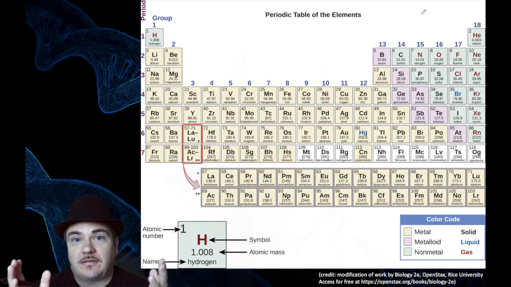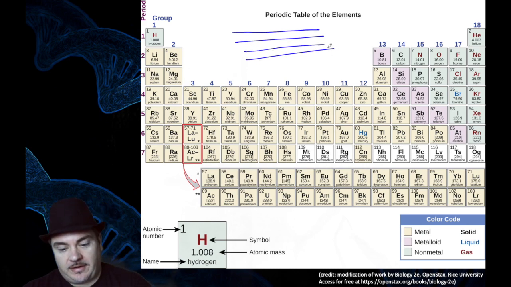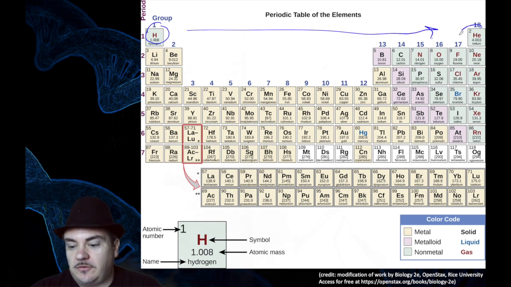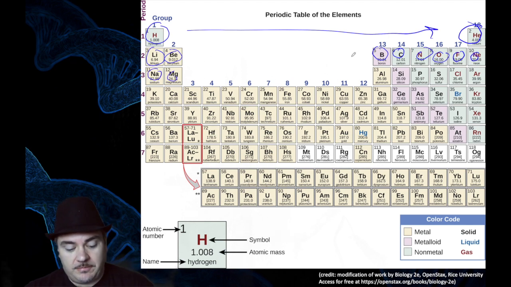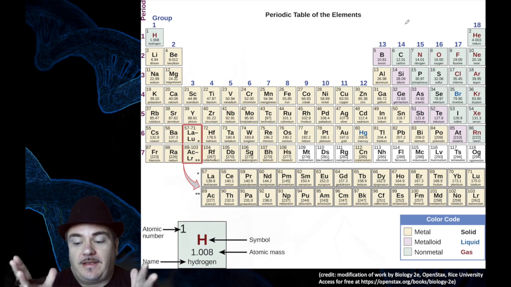The same way you write. Okay, when you write something, you write from left to right and then top to bottom. Okay, well, the periodic table is organized the same way. You start over here with number 1. You go across to number 2, then 3, 4, 5, 6, 7, 8, 9, 10, 11, 12, etc. So it's written based on increasing atomic number. Ignore this big gap in the middle here. I'll kind of explain that in a minute. But that's the first way it's organized, based on increasing atomic number.